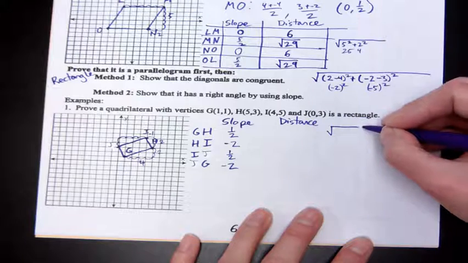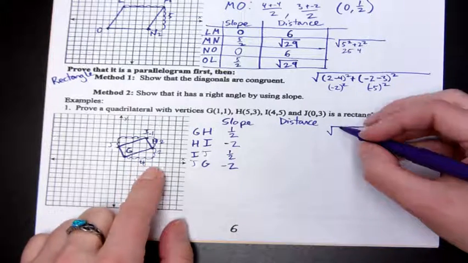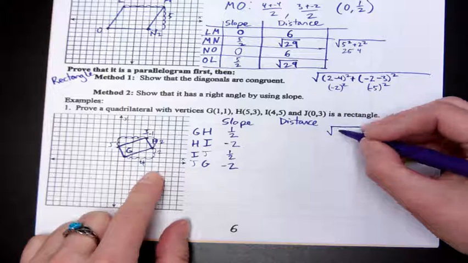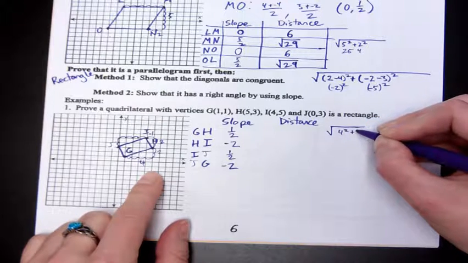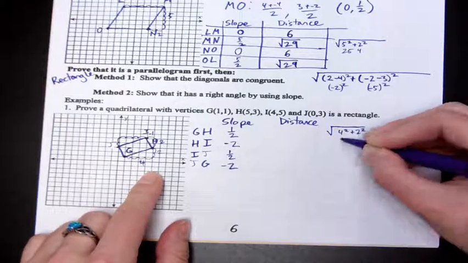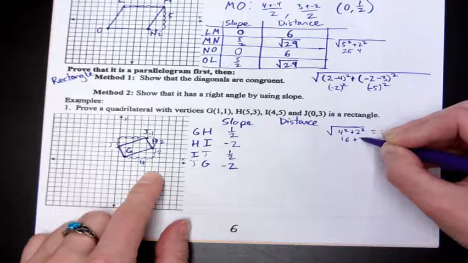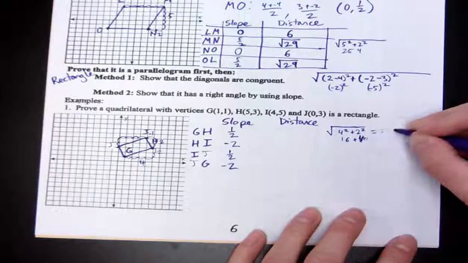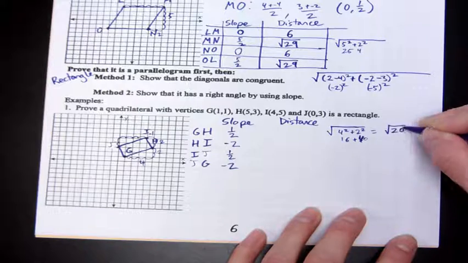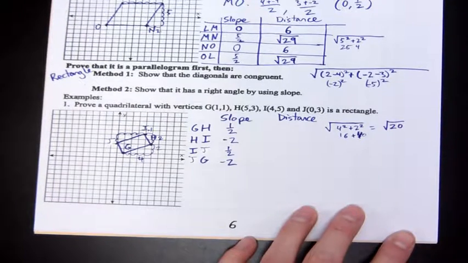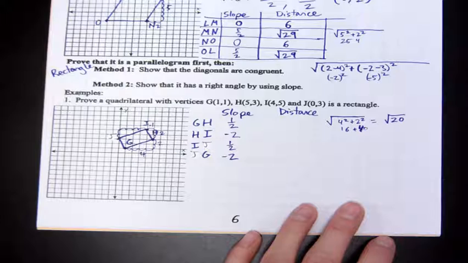So distance formula or the Pythagorean theorem. So G and H I already counted, so it's just going to be 4 squared plus 2 squared equals square root of 20. Does square root of 20 simplify? Yeah.